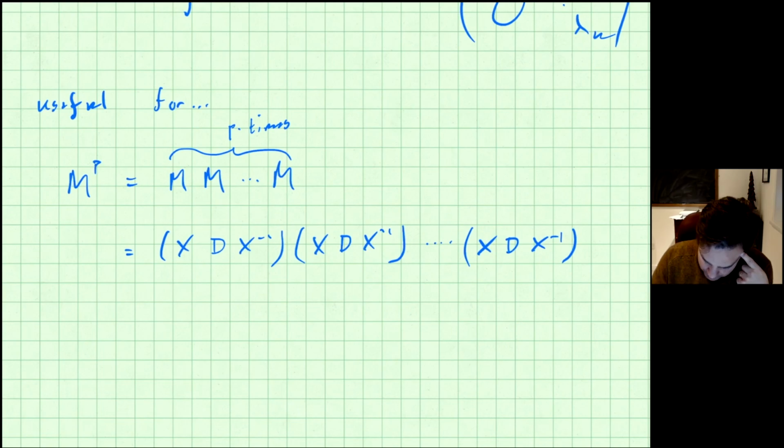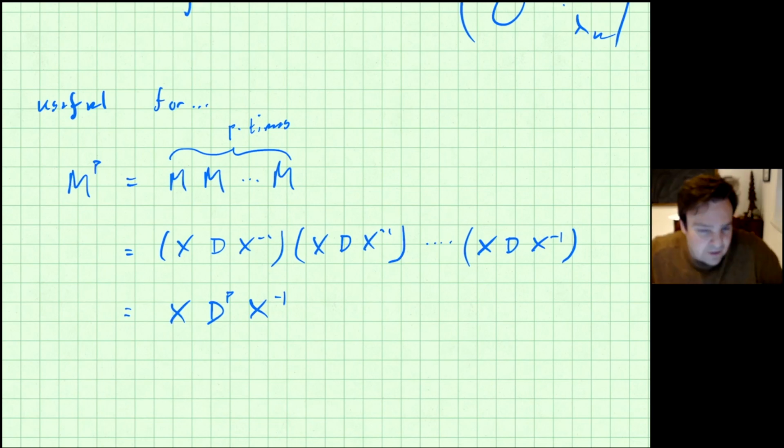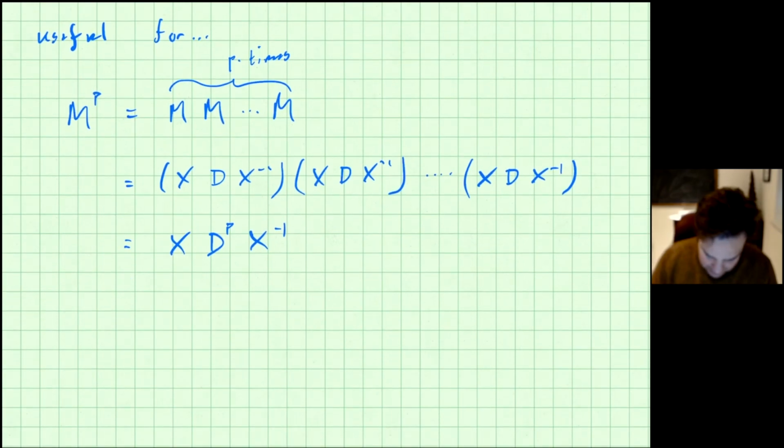And so what we're going to be left with is just one copy of X on the left, and then D to the P, and then one copy of X inverse on the right. And normally it's difficult to multiply a matrix by itself multiple times, but for diagonal matrices it's particularly easy. D to the P is equal to, you just raise the diagonal elements to the pth power.